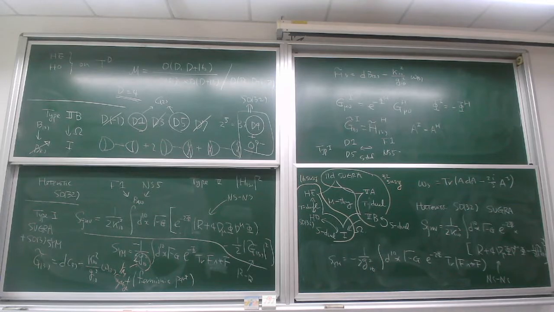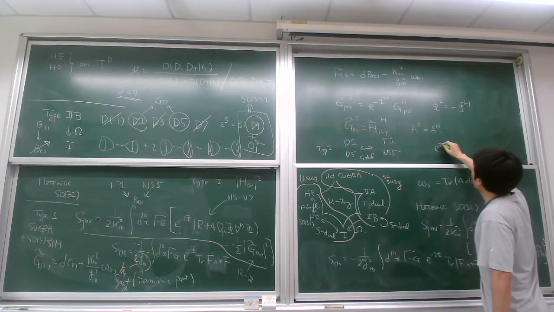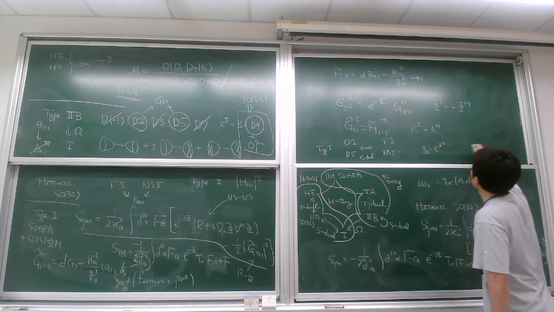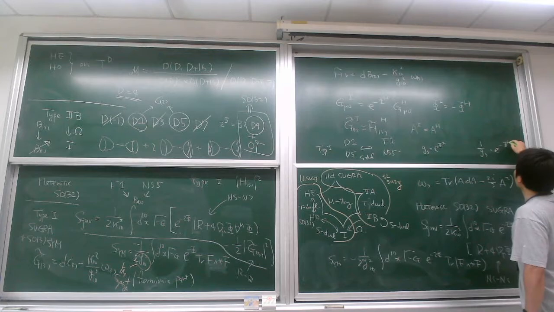Okay, so that's the difference between them. The reason why this is a duality is just the negative sign here. So e to the phi I, the type 1 string coupling GS, is the same as 1 over GS is equal to e to the minus phi h.